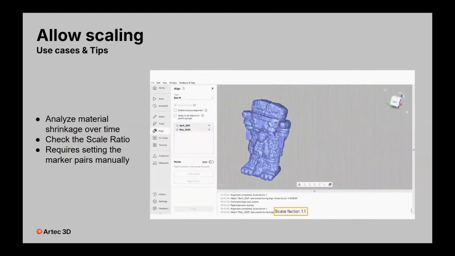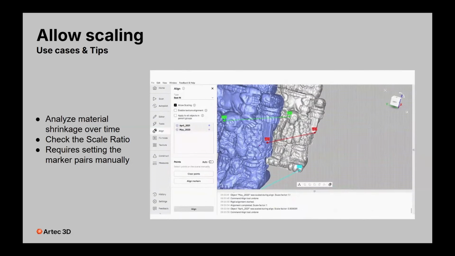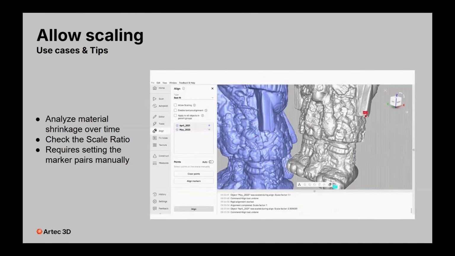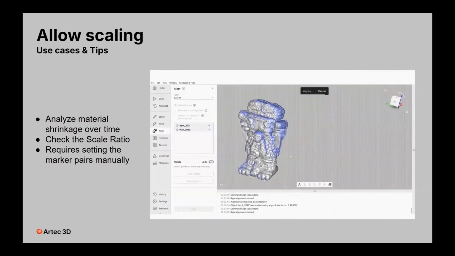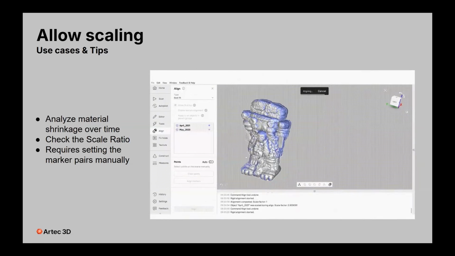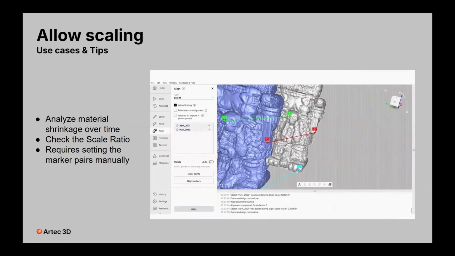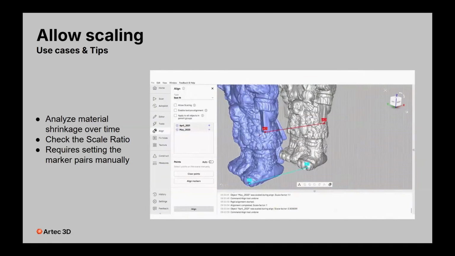And by using this mode, the operator was actually able to find out the material shrinkage over time of the model based on the scale factor that they see displayed in the log. It's also quite instructive that you see the markers are being set really precisely right here.